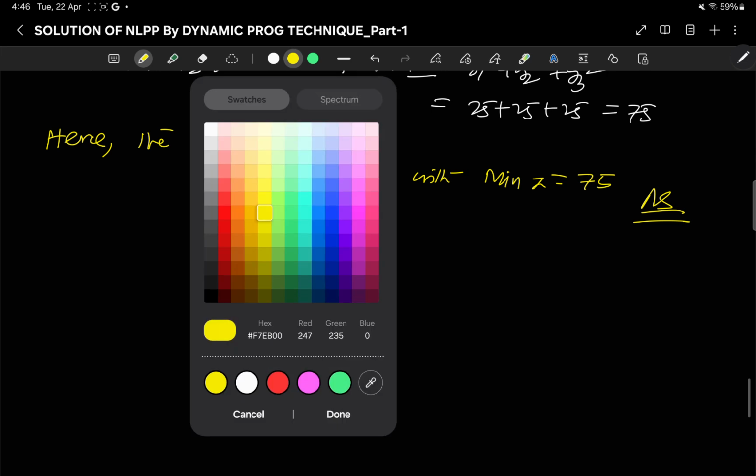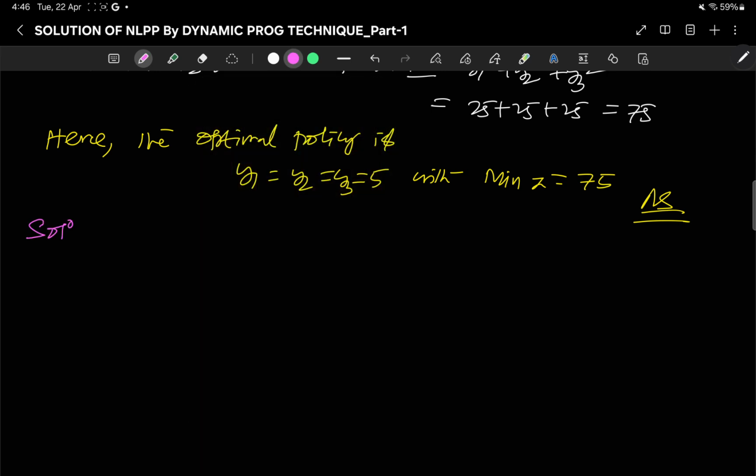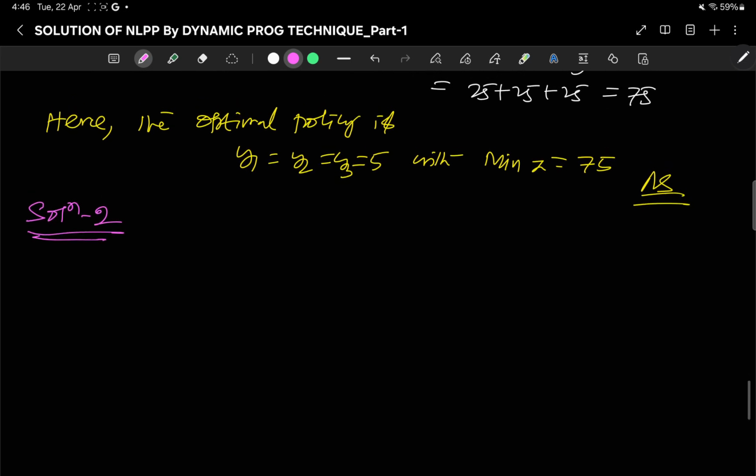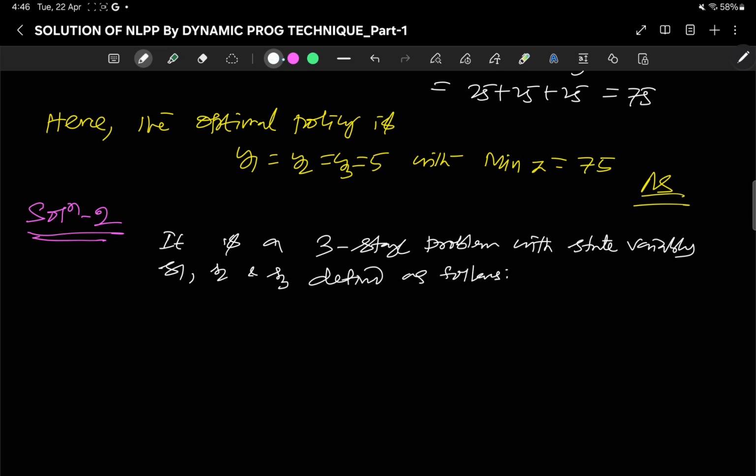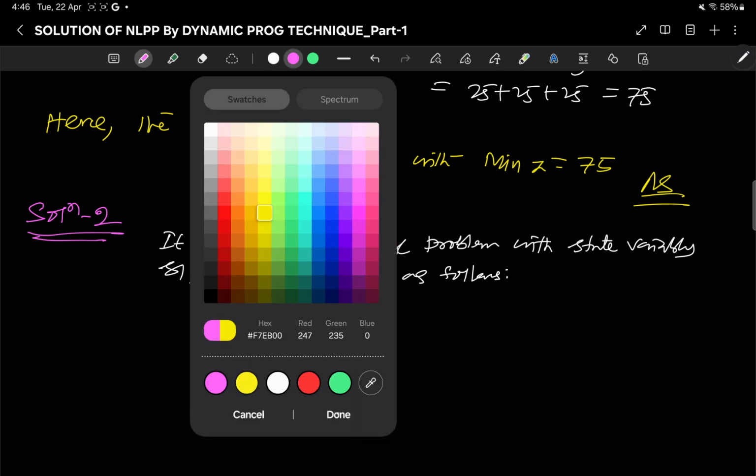So now coming to the solution of question number 2. Similarly, it is a 3-stage problem with state variables S1, S2 and S3 defined as follows. We start from S3.